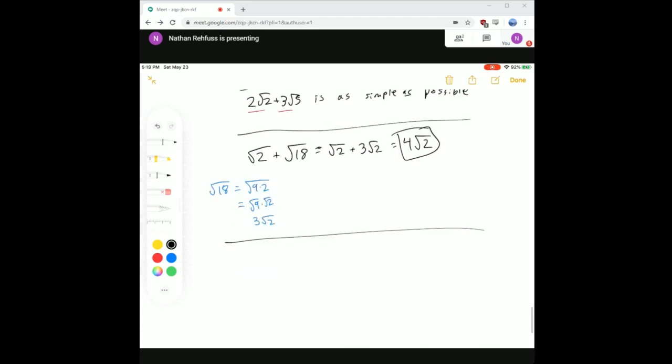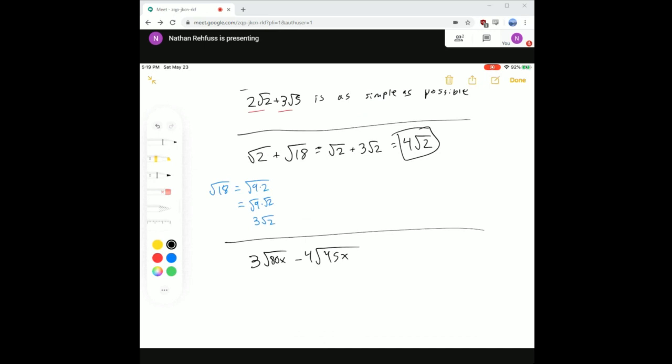Here's a goofy example. Let's say I have 3 times the square root of 80x minus 4 times the square root of 45x. Oof. Those don't look like like terms, but I have a feeling we're going to get somewhere.